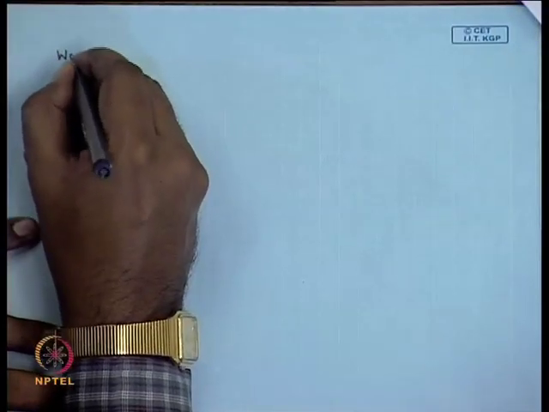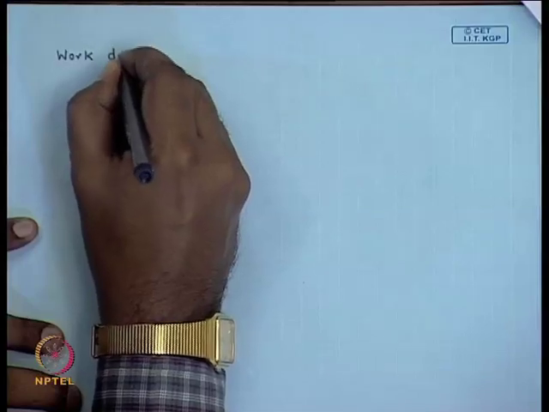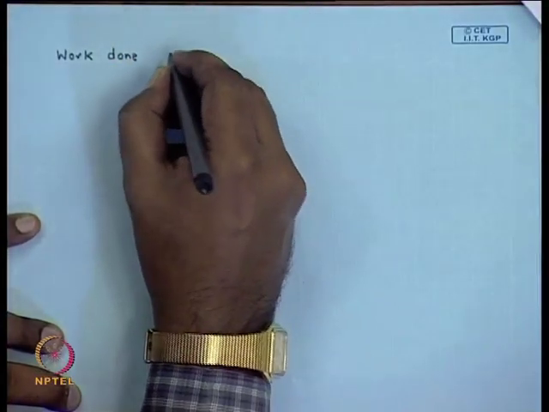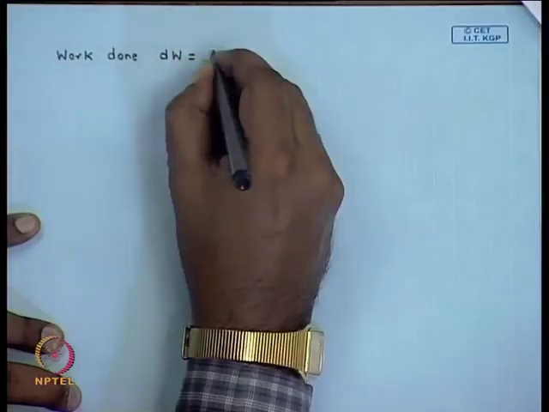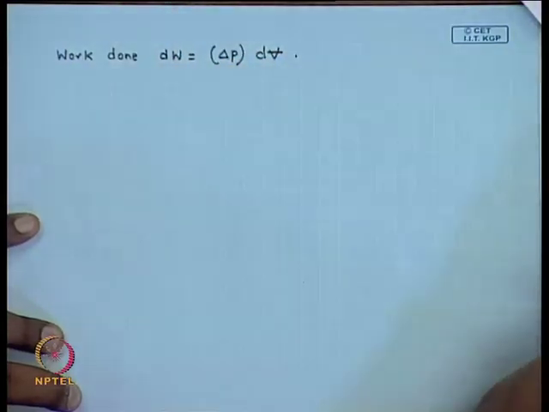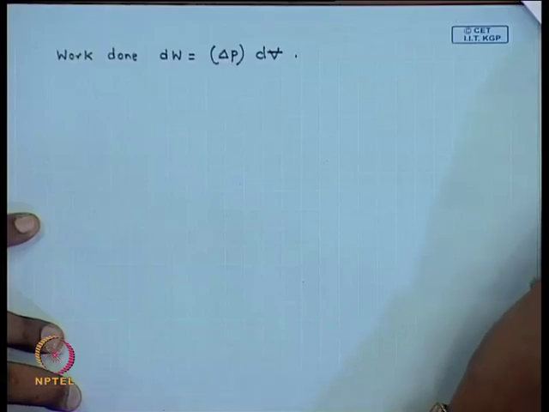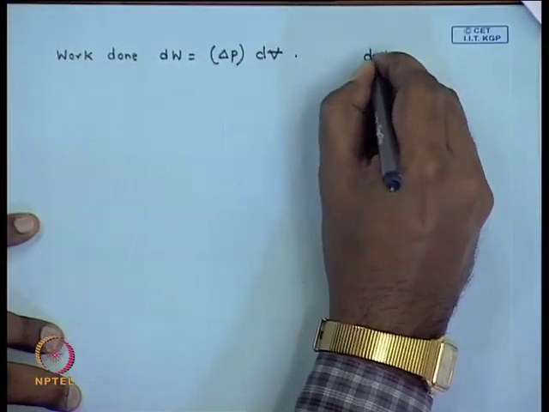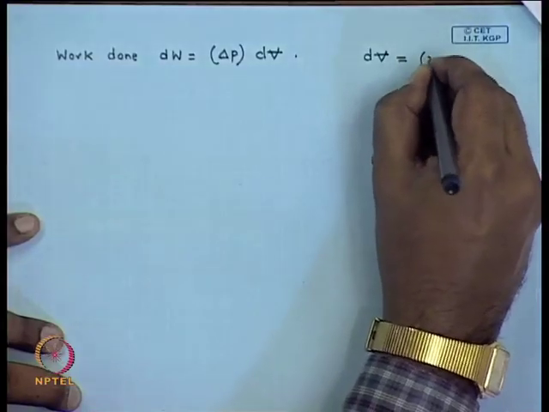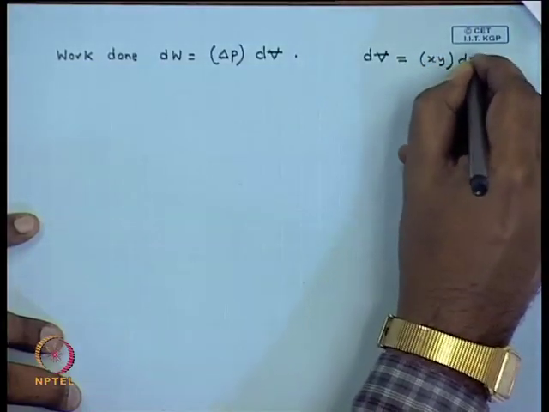Now, the work done to achieve this expansion is dw equal to delta p into dv, which in this particular case is the change in the volume, and if you look into the figure carefully, this is actually x y into delta z.